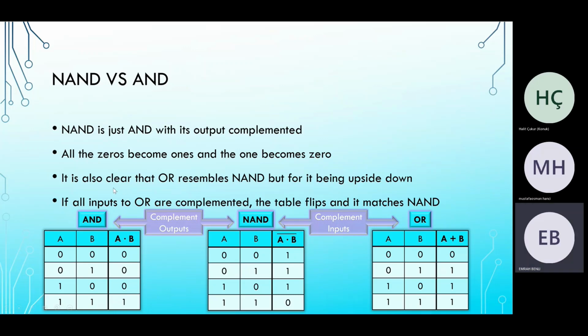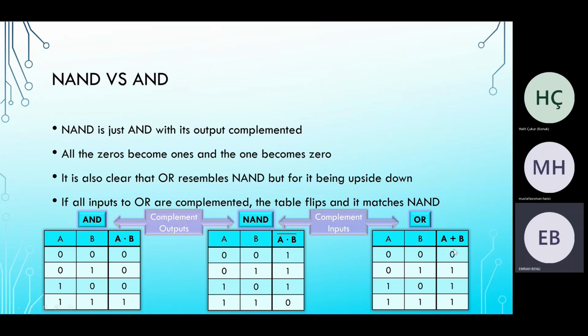We can also clearly see that OR resembles NAND, but how? It's upside down. Do you see the output? 1, 1, 1, 0. For the OR operator, 0, 1, 1, 1.